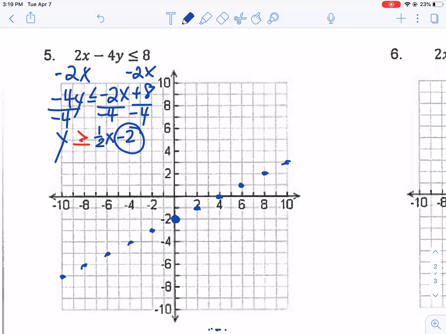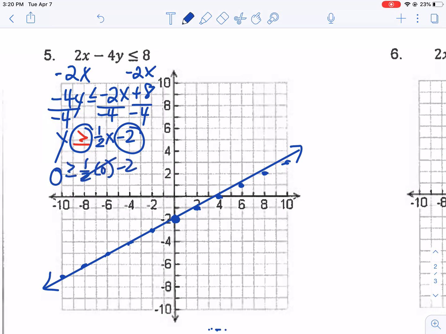Okay, so y is greater than or equal to 1/2 x minus 2. What kind of line are we going to draw? Hopefully you said and thought solid line, since it is a greater than or equal to symbol. And now we have to figure out where we're going to shade our solutions. Plug our 0 in for both x and y.